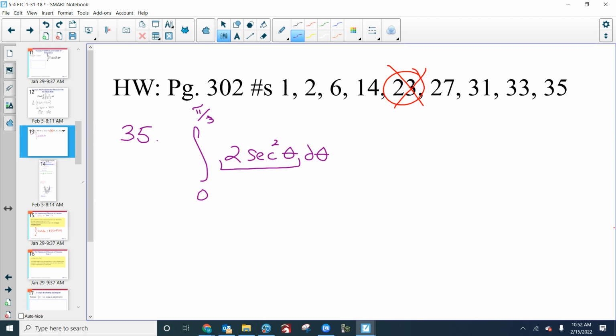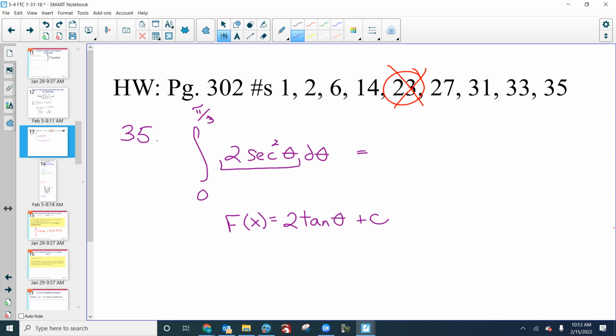Tangent of x. So the antiderivative is 2 tangent of theta plus a constant. Do you agree? Let's check it. Always check in your mind with the derivative. What's the derivative of 2 tangent theta? 2 secant squared theta. Yes?